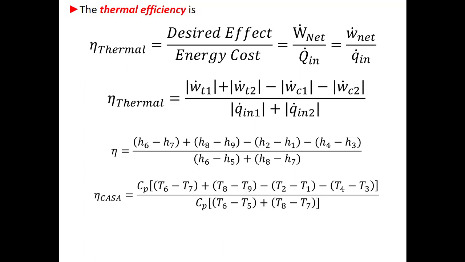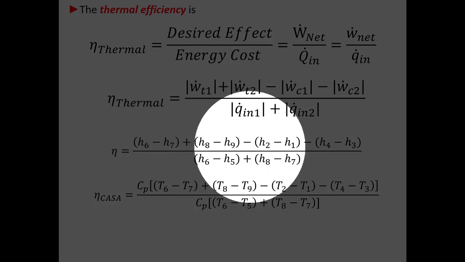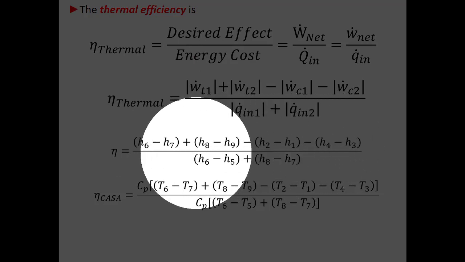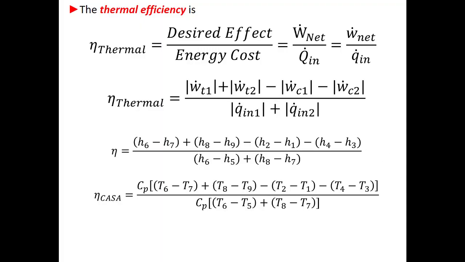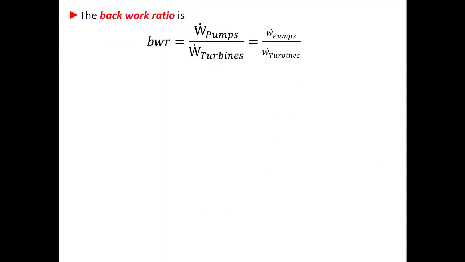I pull out CP on both the numerator and the denominator because all of these are delta H's, and I can approximate delta H as CP times delta T. My specific heats are going to cancel, and I'll be left with an equation that's only temperatures. So if I'm doing an air standard analysis with variable specific heat, I have an equation that's only enthalpies. But if I'm doing a cold air standard analysis, then I have an equation that's only temperatures.